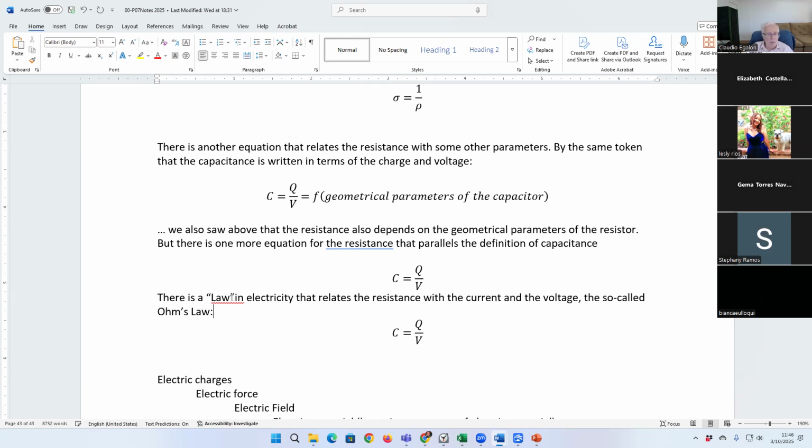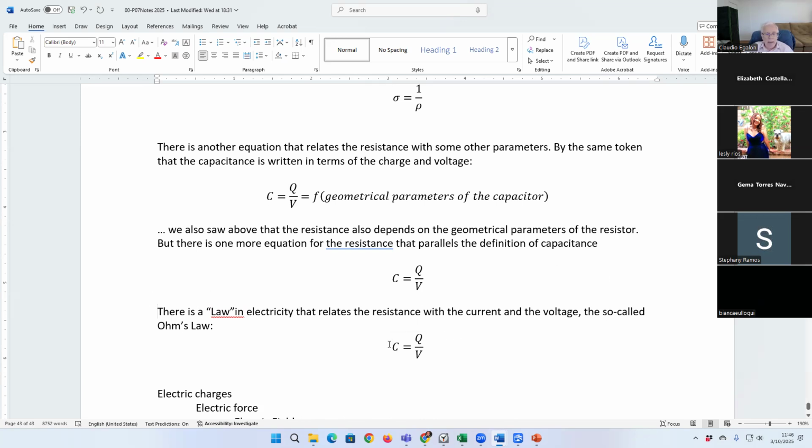Ohm's law is written in the following way. Okay? V equal to Ri. Let's not forget that I is also delta Q over delta T, like that.